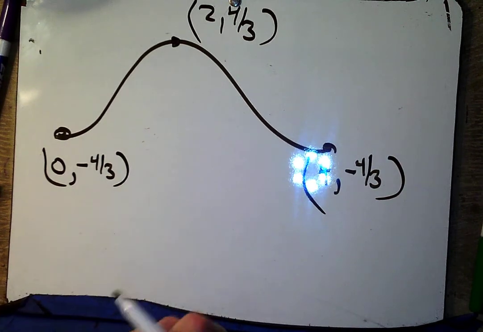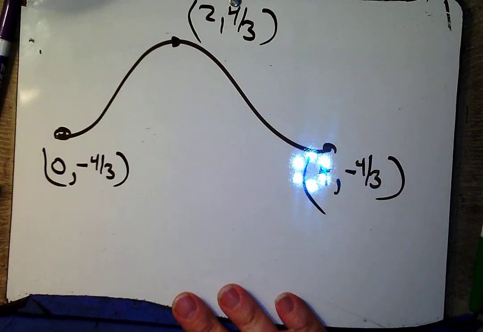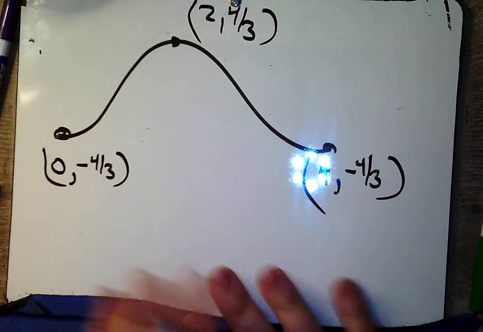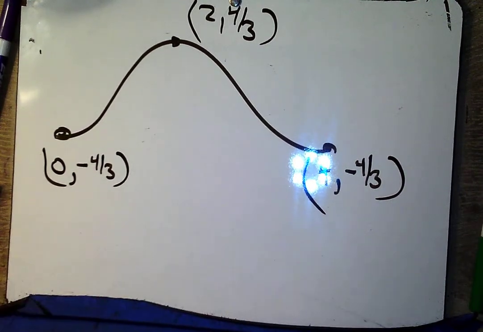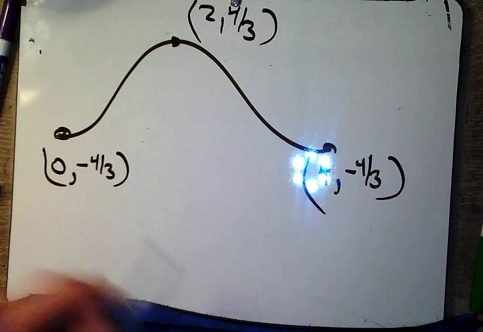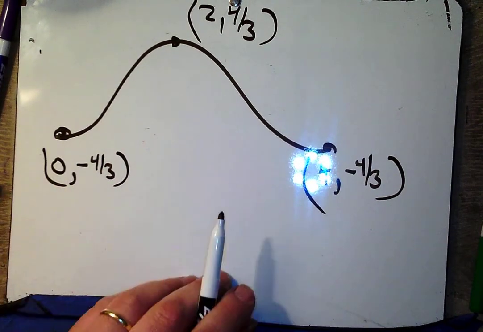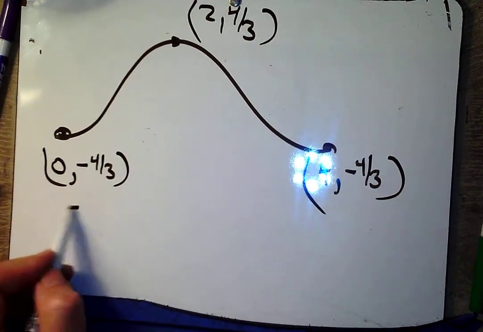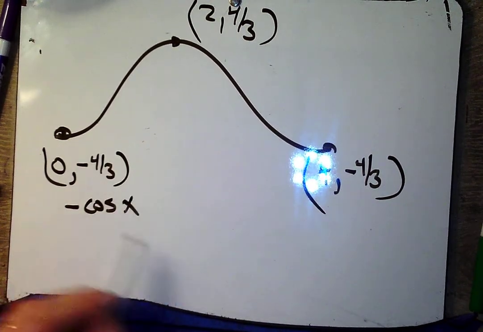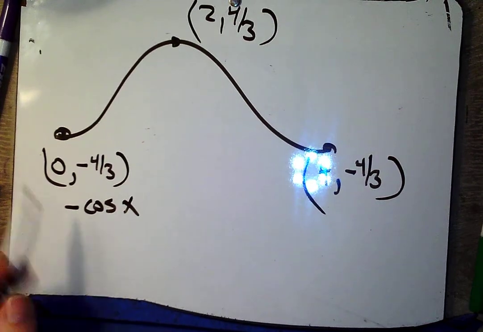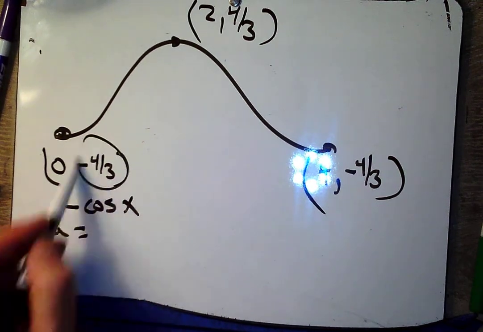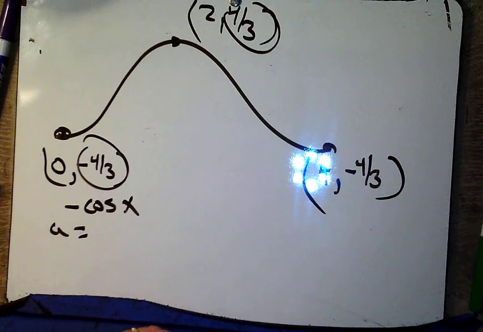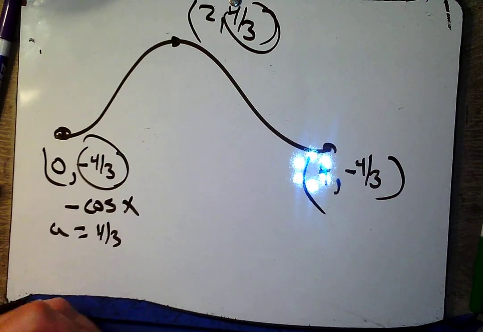So what family is this? Is this sine? Is this cosine? Hopefully by now you recognize this as cosine. Is it positive or negative? That's right. Starts low, so it must be negative cosine. Now we need to find our a value. What can you tell me about a? A is 4/3.